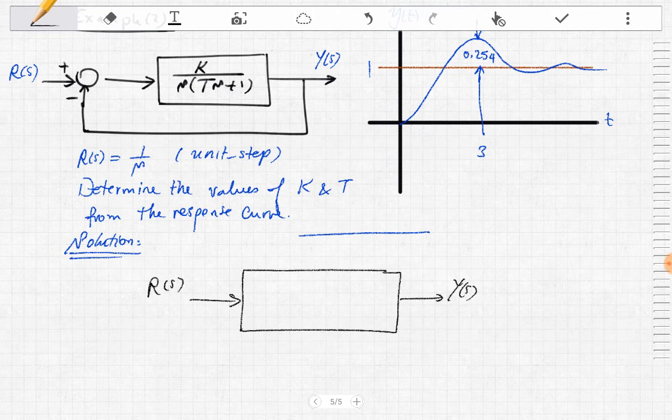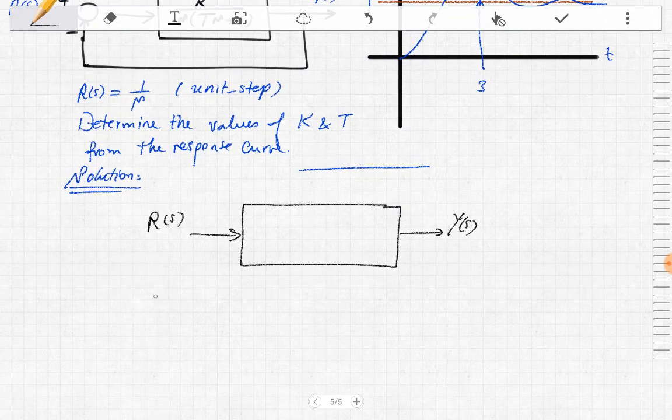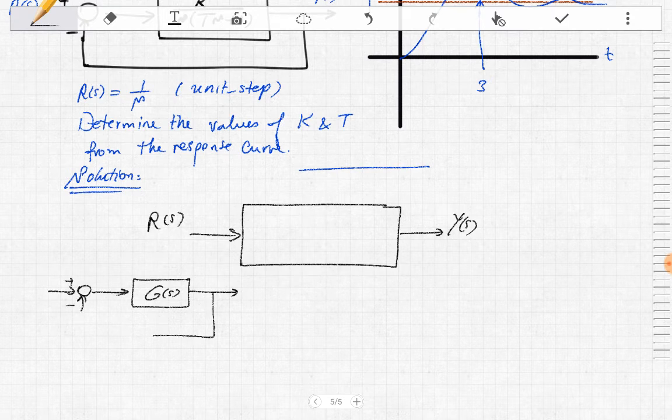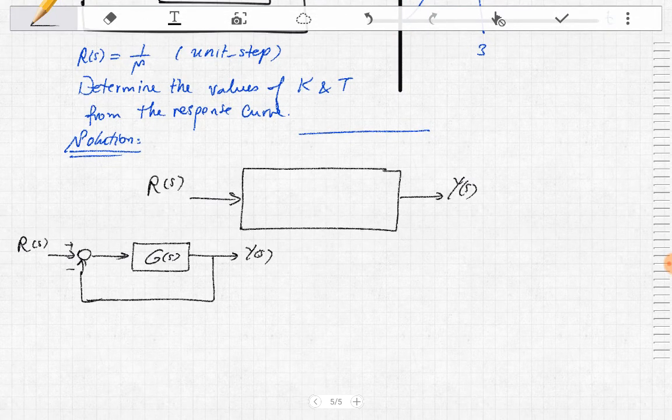So how do we do this? Let's find Y over R first. To do that, say you have G of s, with an input R of s and an output Y of s, and you want to find Y over R. What is Y of s?